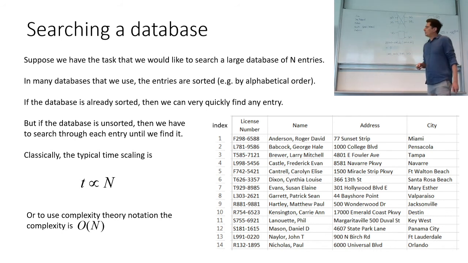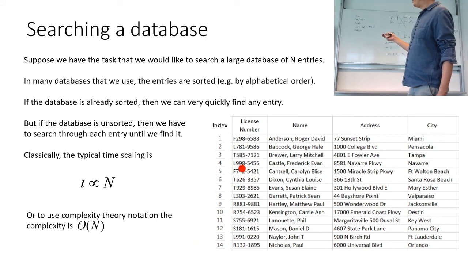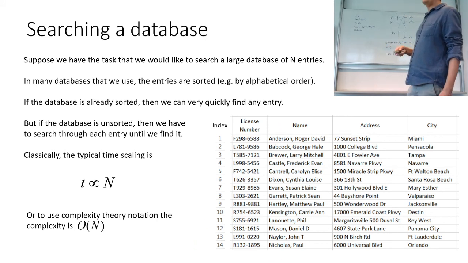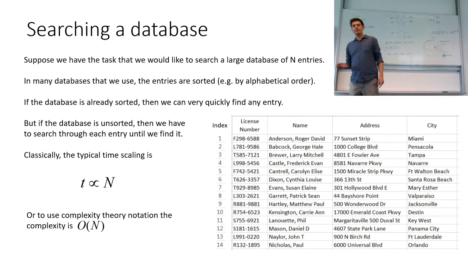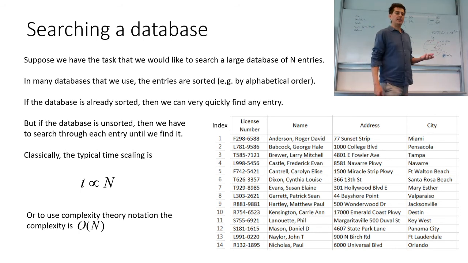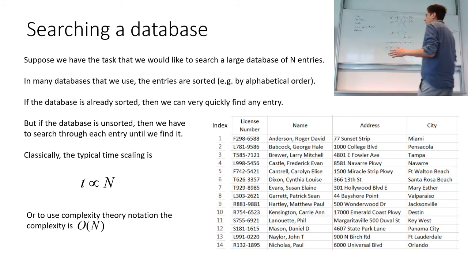So this is obviously sorted by name, so it's in alphabetical order. If a database is sorted by name, it's of course very easy to find a particular entry. You have a particular order, and you can quickly find whatever entry you're looking for because it's already ordered.